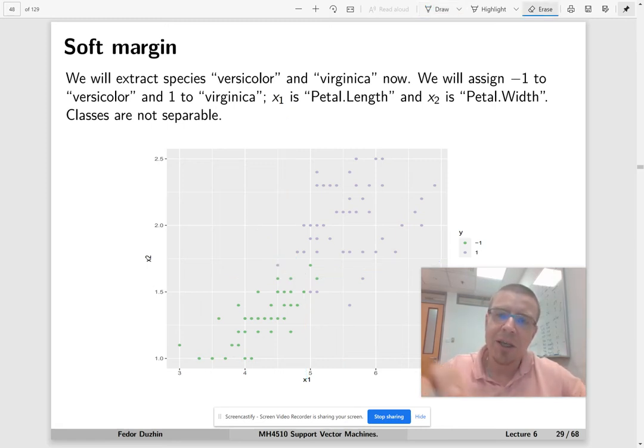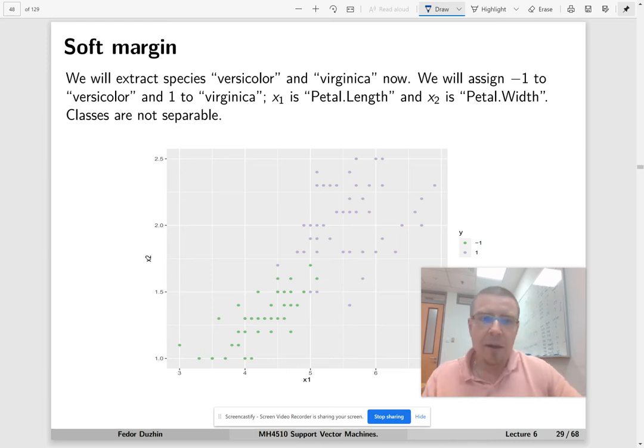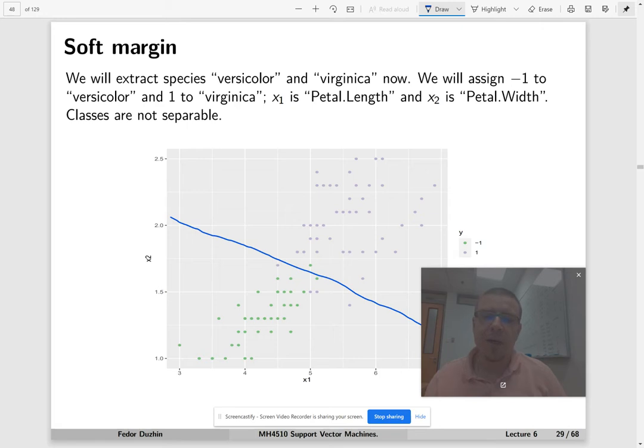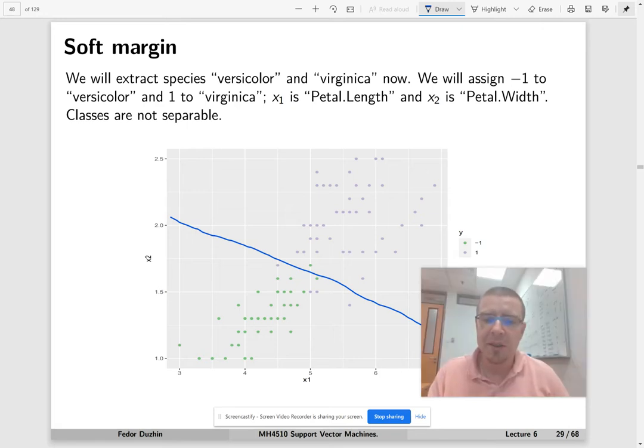In such a case, the idea is that if we cannot separate the classes clearly and perfectly, then we are going to tolerate some misclassification.